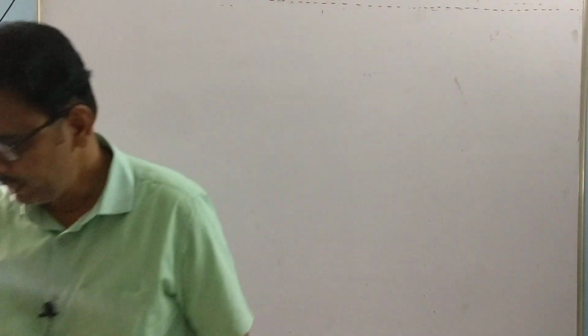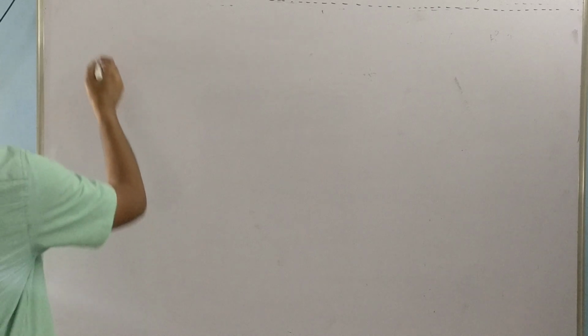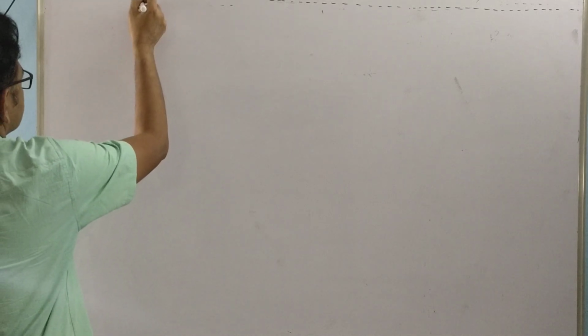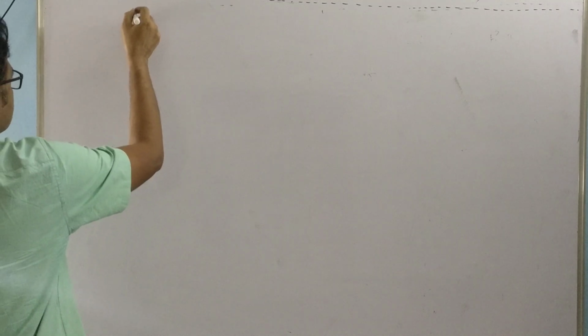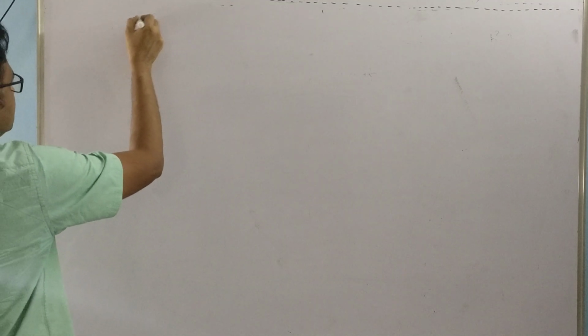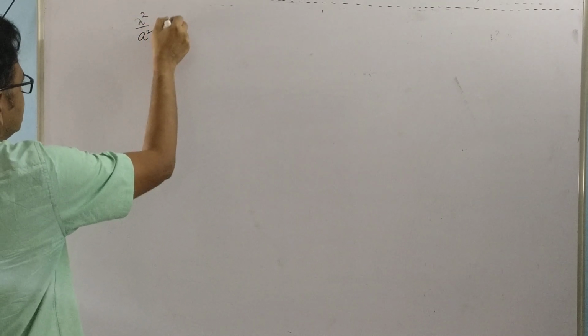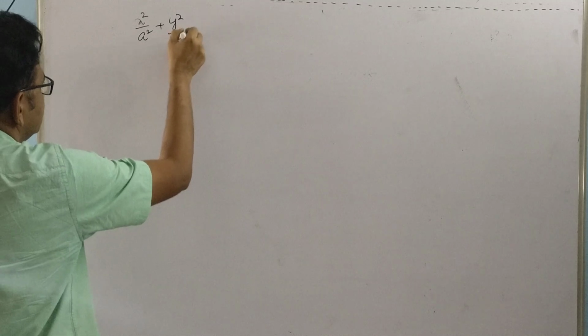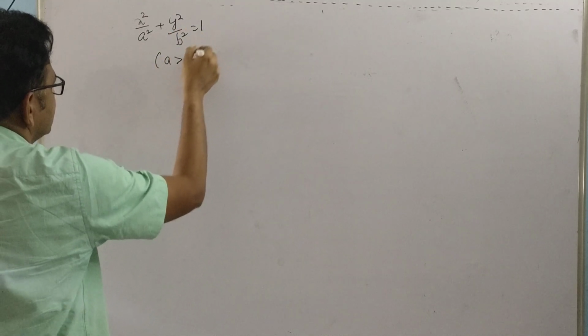Next one, different forms of ellipse. First one, x square by a square plus y square by b square equal to 1, where a is greater than b.